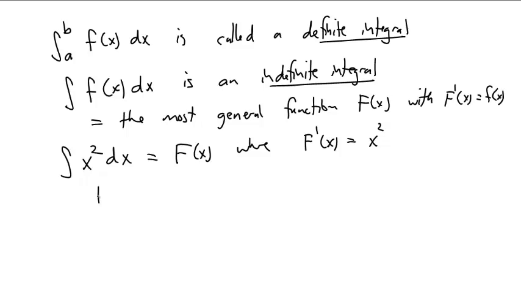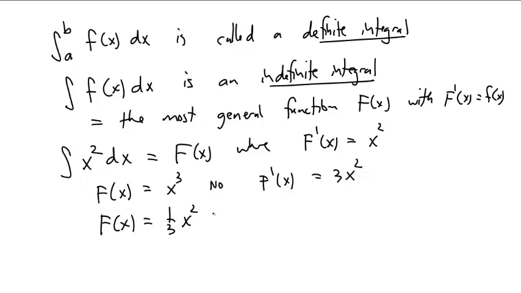And you'd think, well, F of x could be x cubed. No, because the derivative of x cubed is 3x squared. We only want 1x squared. How about F of x is 1/3 x cubed? Yes, that works.